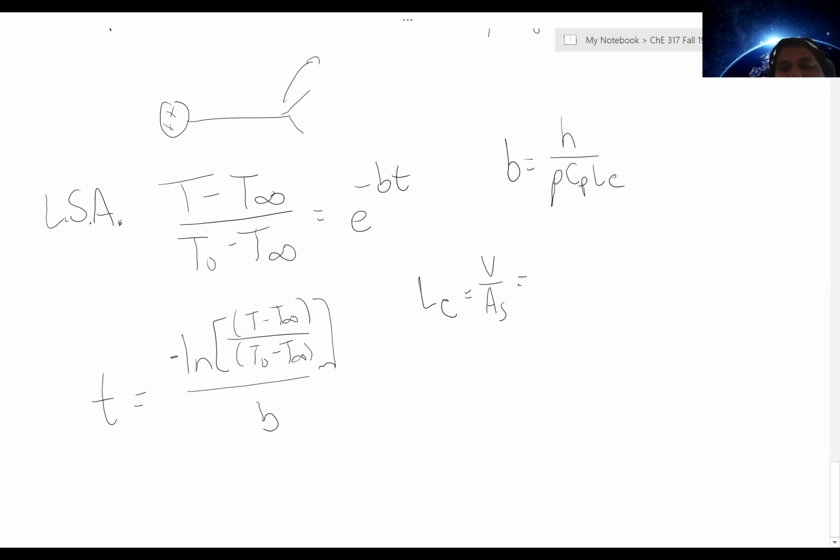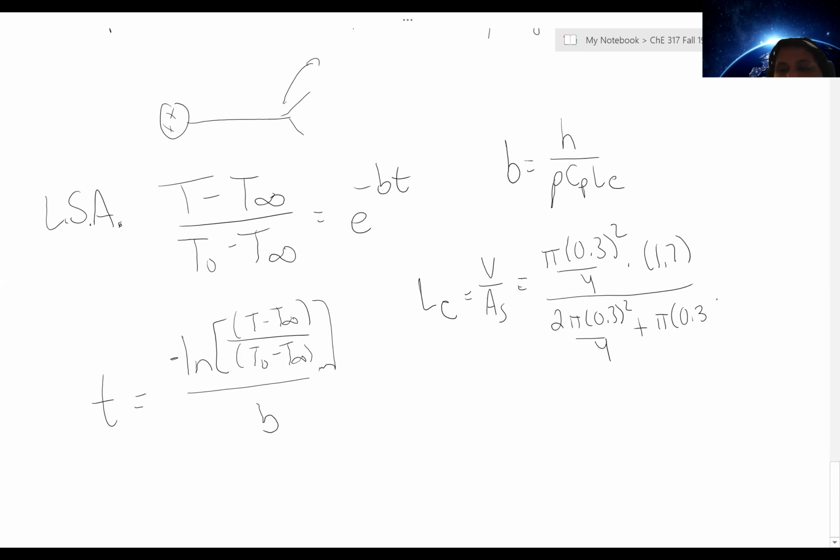The volume of a cylinder is pi d squared over 4 times L, or pi times 0.3 squared over 4 times 1.7, divided by the area of the two ends, or 2 pi d squared over 4, plus the surface area along the cylinder, which is pi d L. This gives me an L sub c value of approximately 0.069 meters.